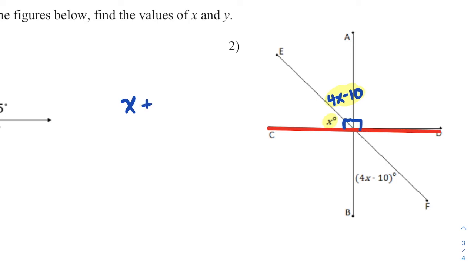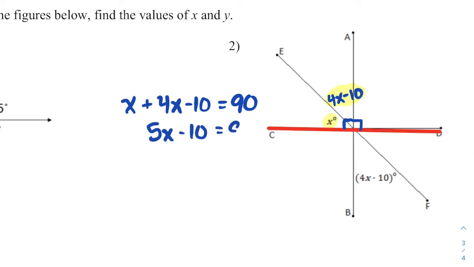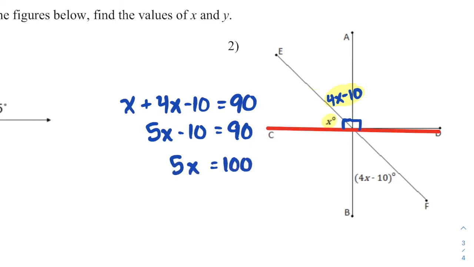X plus 4x minus 10 equals 90 degrees. 5x minus 10 equals 90. 5x equals 100. X equals 20.